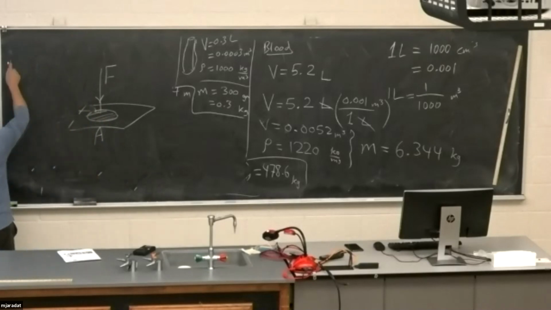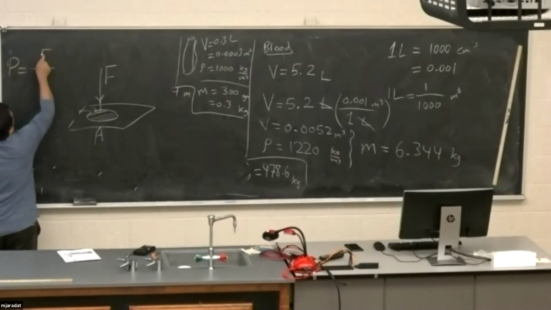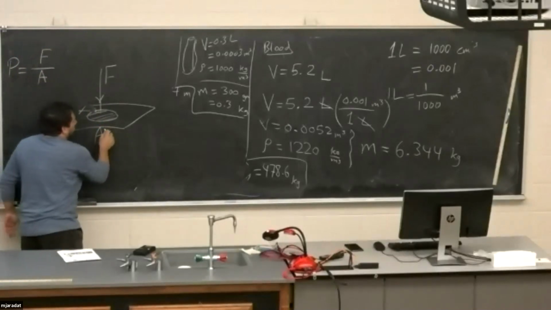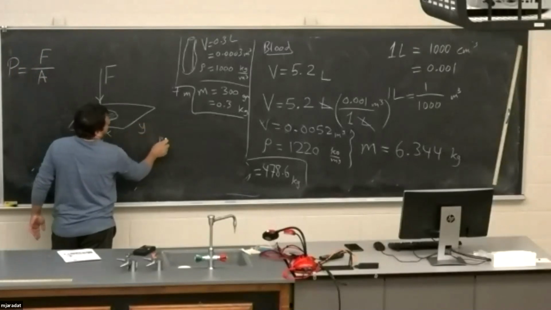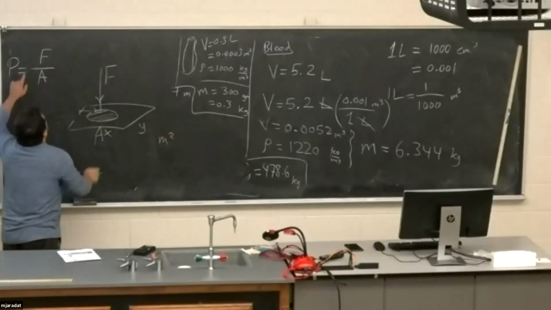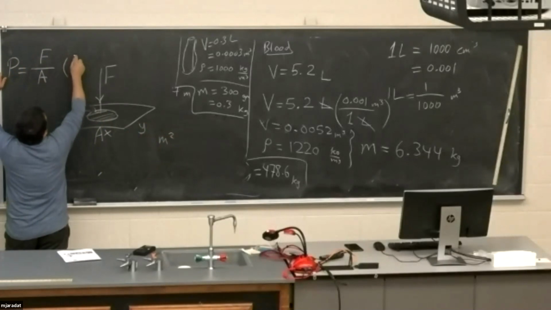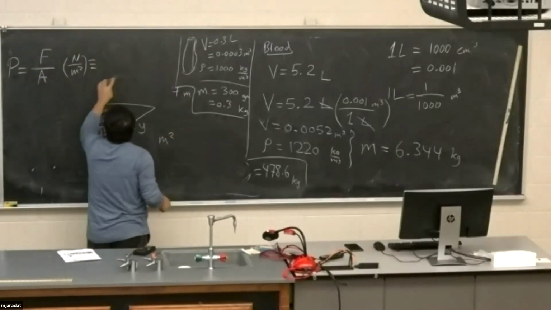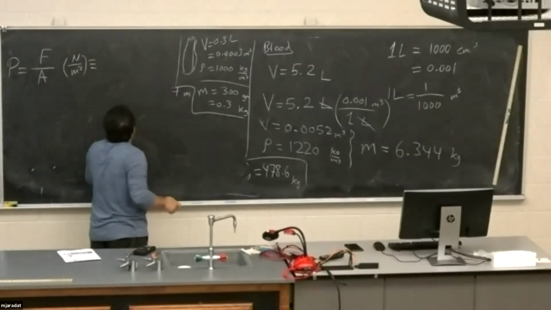The pressure in this case is equal to the force over the area. The area, it's x by y, which is in meters squared. So its unit is Newton over meter squared, which is named after this person, Pascal.